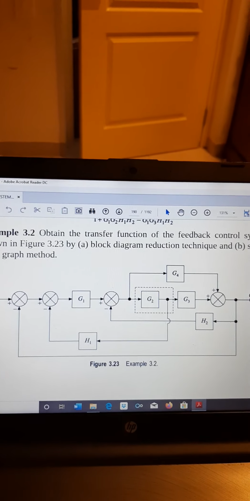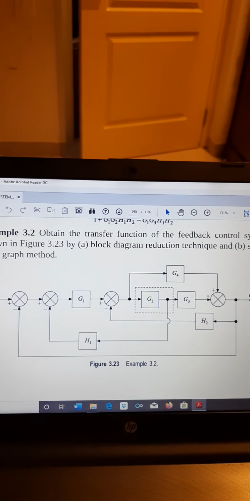So it is better to move this branching after this block.